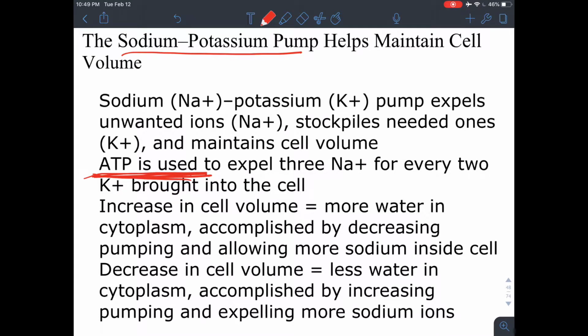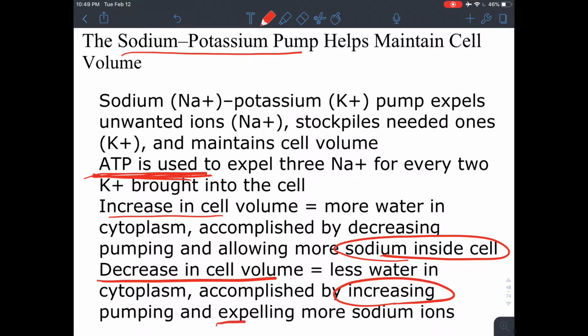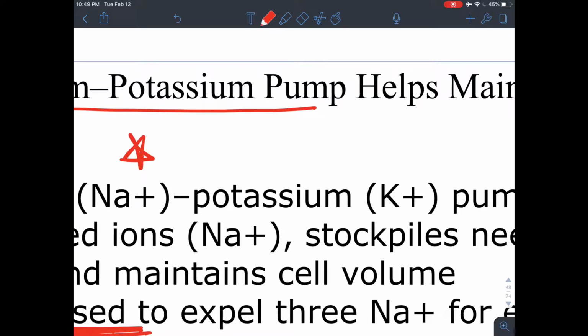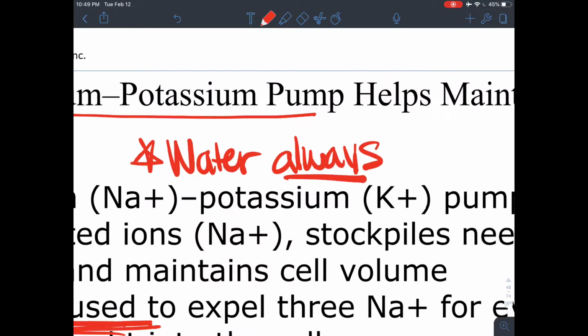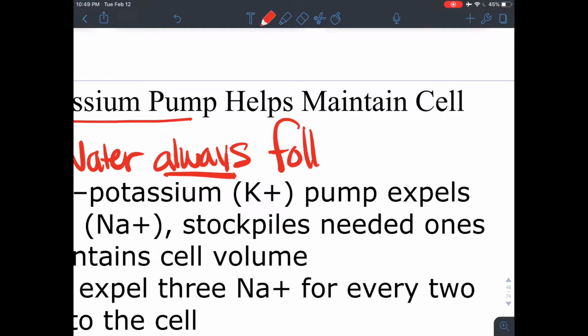Now again, if we want to increase cell volume, we put more sodium inside the cell, and if we want to decrease cell volume, we increase the expelling of sodium, so we put more sodium outside the cell. The thing you want to keep in mind is this principle, which I'll say a few times over the course of this class: water always follows salt, okay?